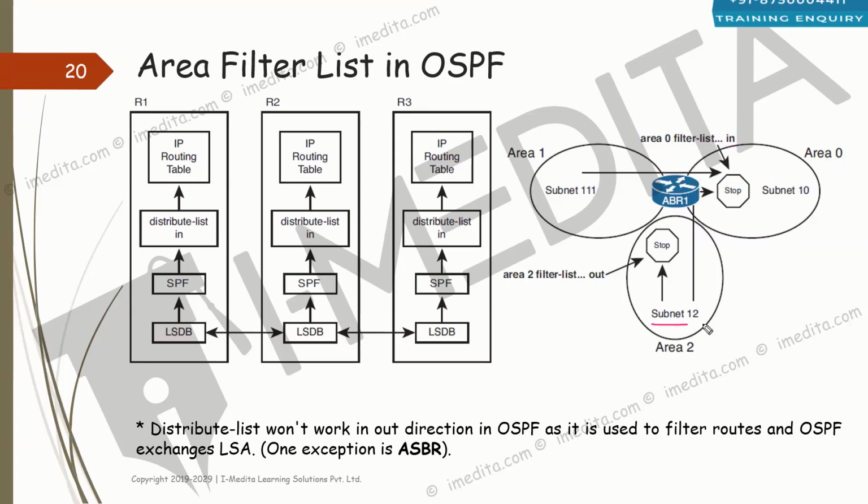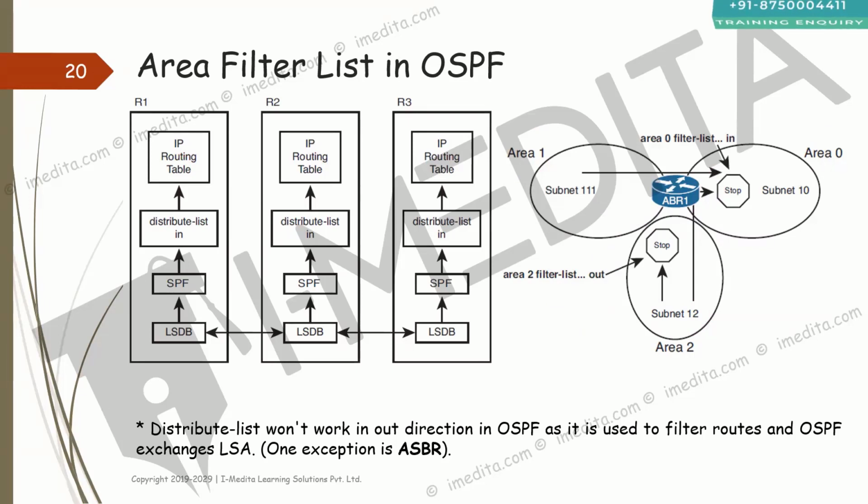Similarly, we have a subnet called 12, which I don't wish to advertise either in this area or this area. So I have used the command area 2 filter list out. That means when this area border router advertises the prefixes of this area out into the other area, first of all, it is going to apply the filtering. And as per the filtering, it is not even going to advertise these prefixes out either in this area or in this area.